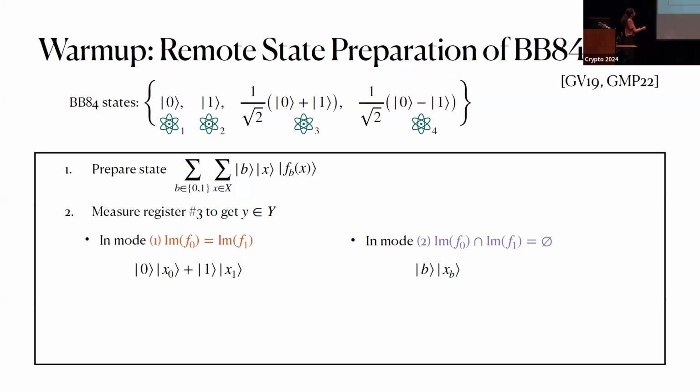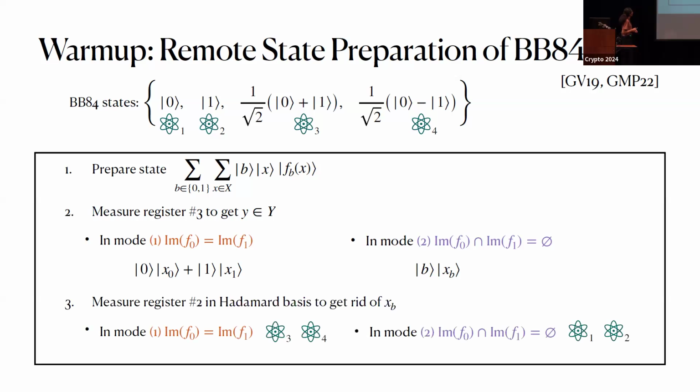On the other hand, if we were in mode 2, where the functions had disjoint images, y would have a preimage only under one of these functions. And so we get a singleton state, either |0,x0> or |1,x1>. And you can see we're almost done, except there's this extra x register hanging around.